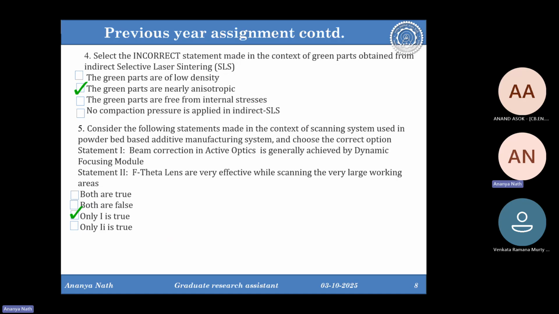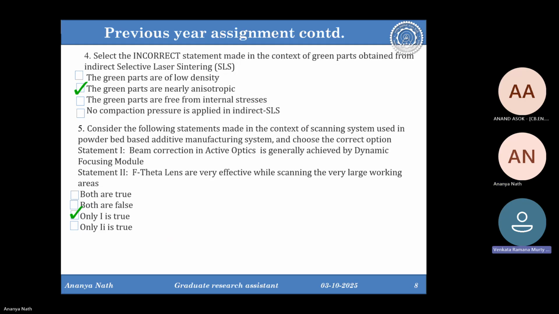When you are using a galvo scanner, you can use an F theta lens or you can use a telecentric lens as well. In PBF systems, mostly we use the F theta lens. That's why it's kind of an unsaid rule that we are using an F theta lens and galvo scanner, which we call a galvanometer, but it's not true that galvanometer means F theta lens only.